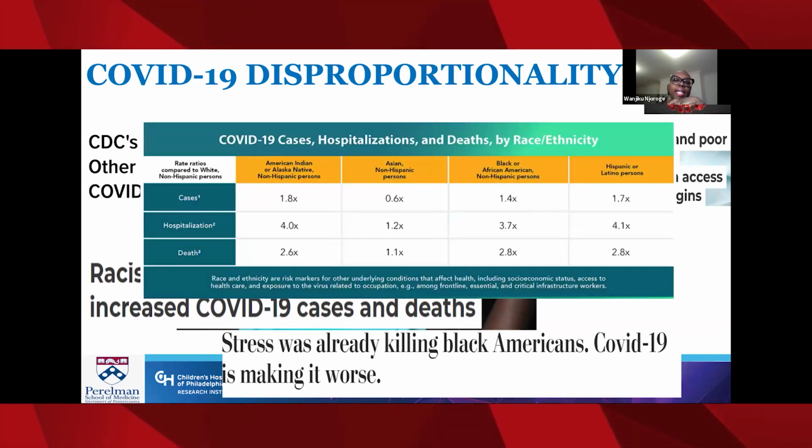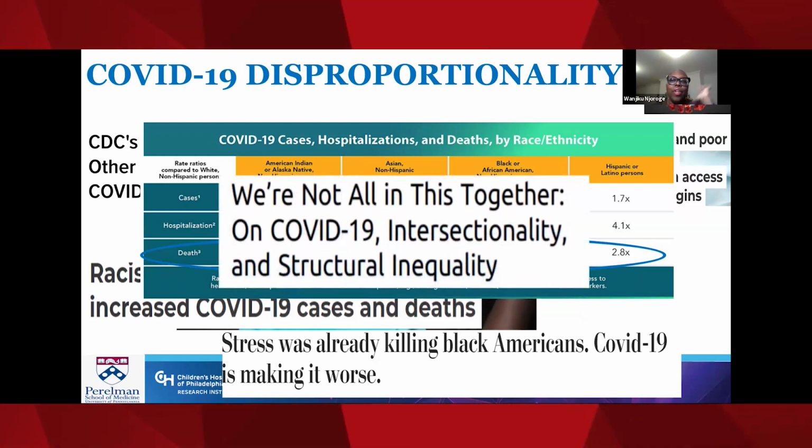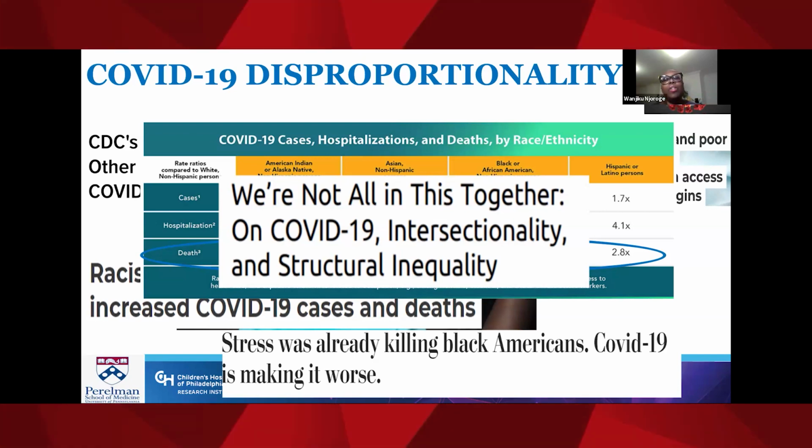And what we started realizing as the CDC started publishing numbers and we started looking at the data was that we weren't all in this together, right? That there were differences secondary to structural inequities, which we have known about, but which we have done very little about as a nation.